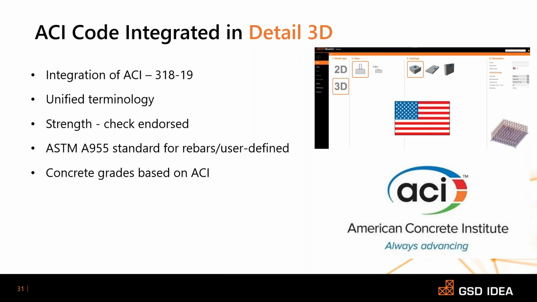So now you can perform your reinforcement checks to size the reinforcement and also the concrete checks against ACI codes. And in this updated version, the terminology and all the empirical equations which were used in the ACI have been reflected.